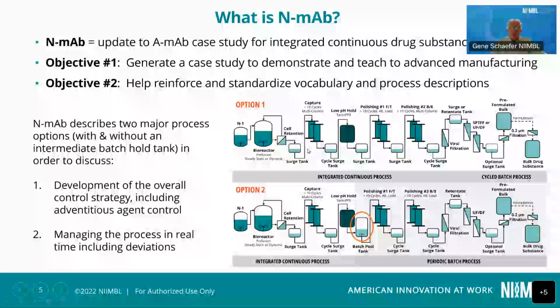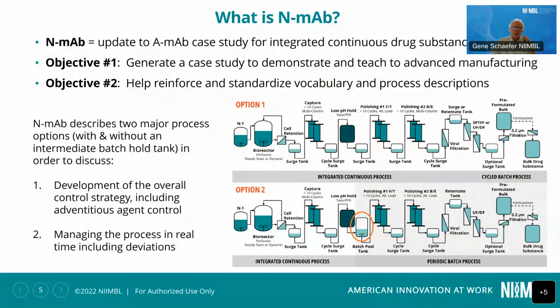So, for those of you who don't know, N-mAb is a case study developed to really teach integrated continuous drug substance process development. The second objective was really to help reinforce and standardize vocabulary and process definitions, and we provide a number of references in one place that would help anyone who's trying to start developing an integrated or continuous process in their organization.